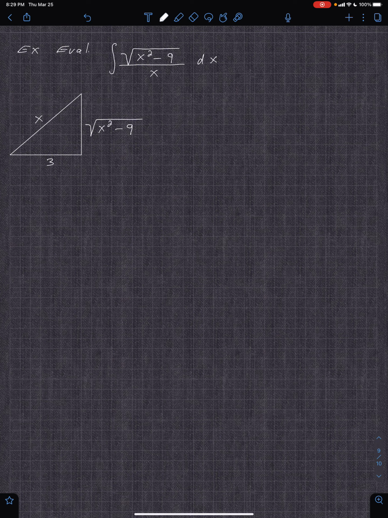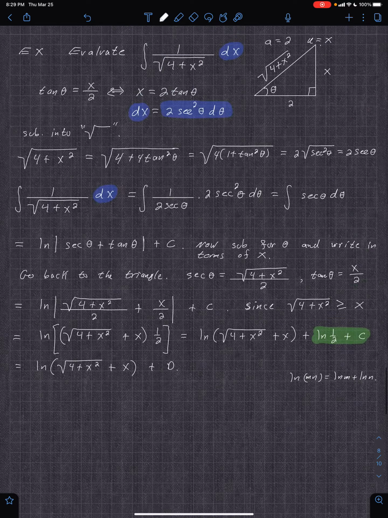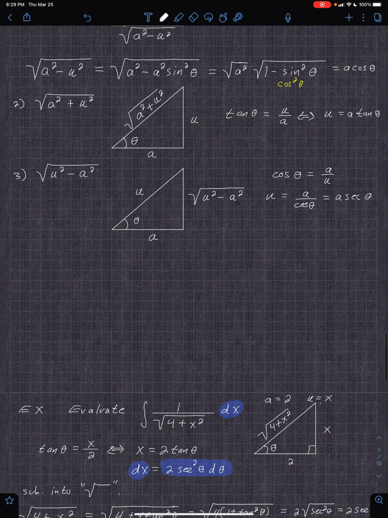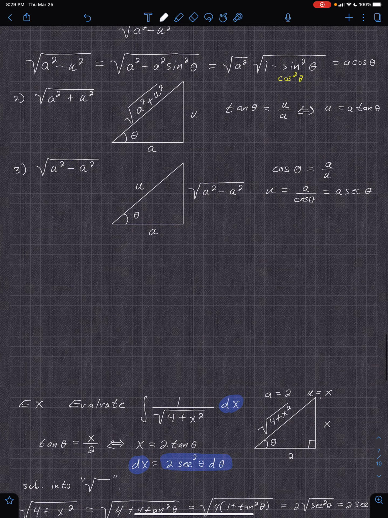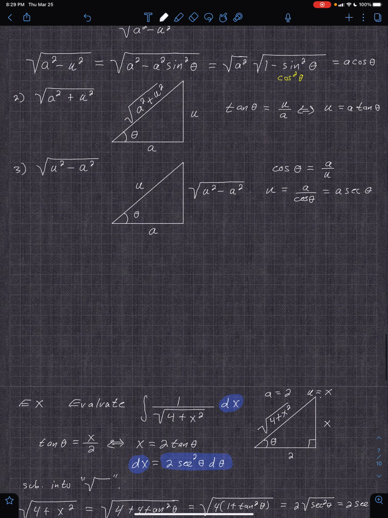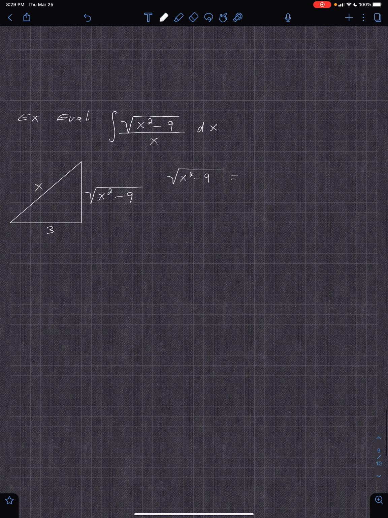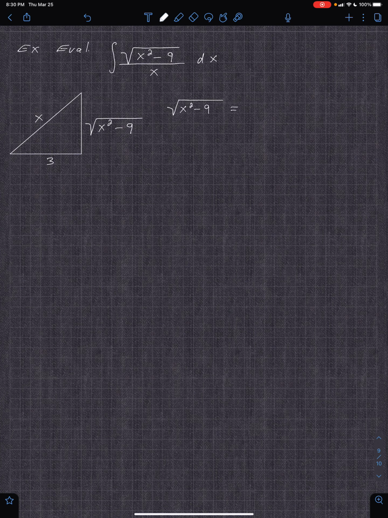Okay, so now let's simplify the radical. So the radical square root of x squared minus 9 is equal to, and we're using all of this again. Okay, so we know that x is 3 secant theta. You can always reproduce it here if you want. So that's the square root of 9 secant squared theta minus 9.